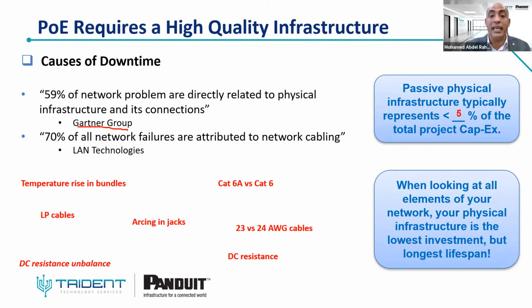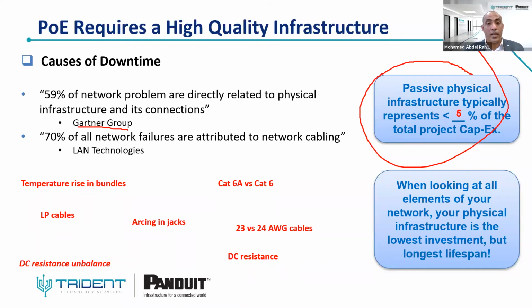And as you can see here, the physical infrastructure is the lowest investment, less than 5% of the total project capital. So you need a high quality infrastructure to avoid any problems due to the physical infrastructure.